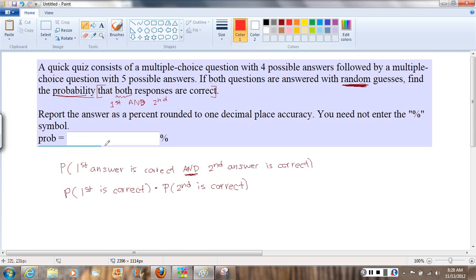So the probability that the first is correct, we can think about this as the number of ways to guess the correct answer divided by the number of ways to guess. So the number of correct guesses divided by the total number of guesses.